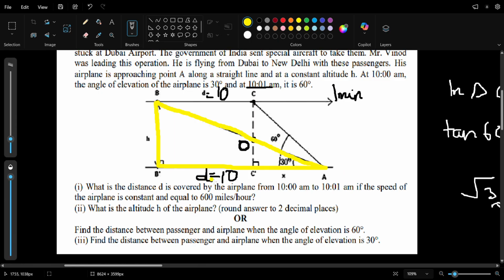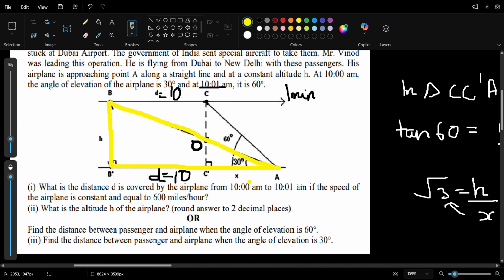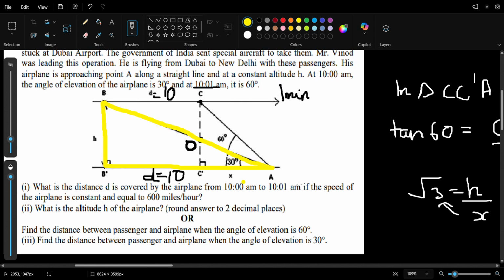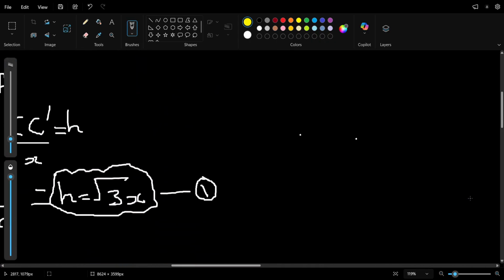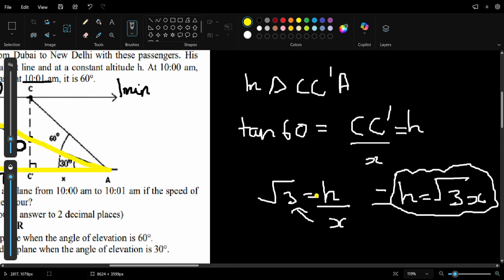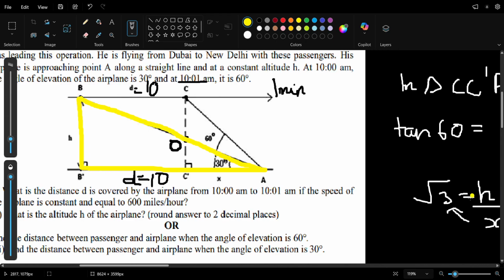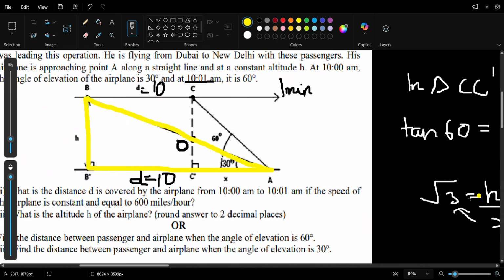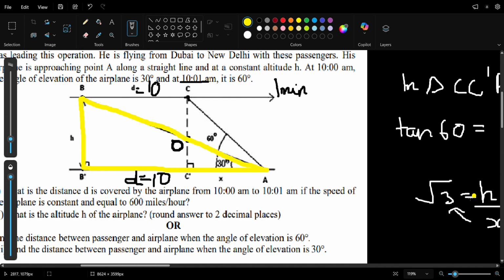Then the base will be 10 plus x. You have to substitute in terms of h. So you can say h is equal to root 3. Then you'll find the value of x. From x, you can again substitute the value and get the value of h.